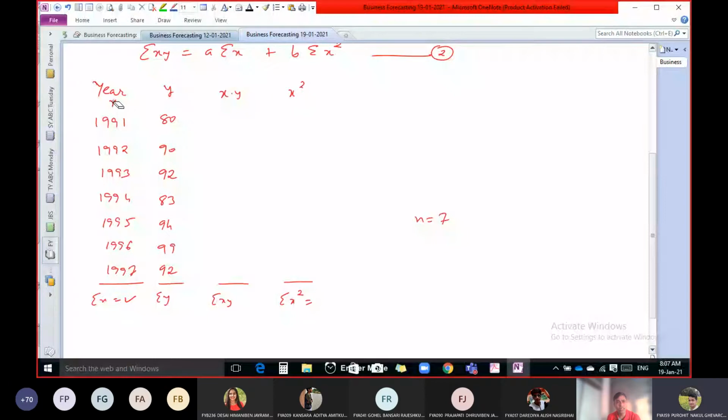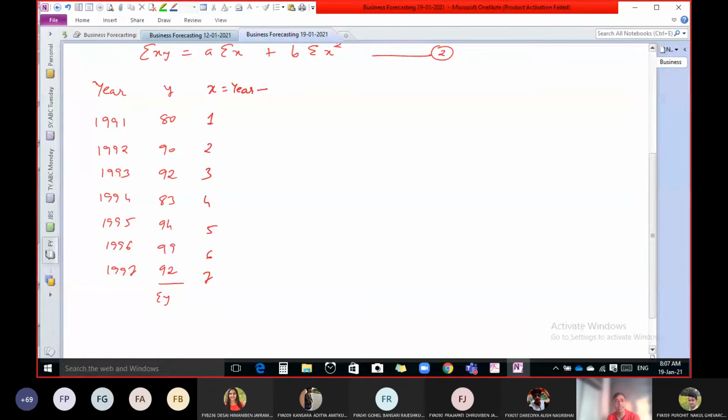So instead of taking this as x, you can consider this is your first year, this is second year, third year, and then you can consider that as your value of x. Means our x is like 1, 2, 3, 4, 5, 6, 7. So our x is nothing but year minus 1990.